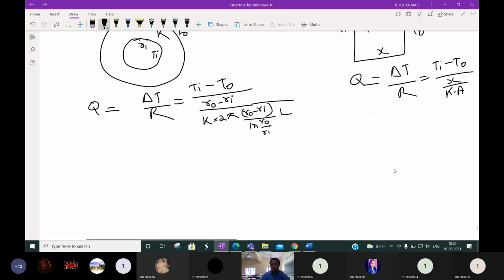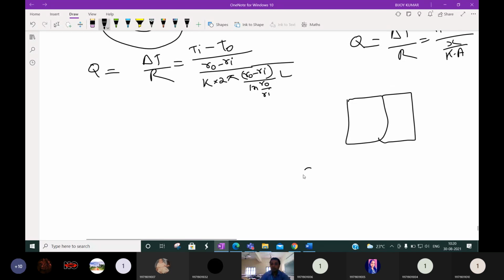Then for a composite wall, suppose two composite walls are there. What is the Q value? Always the Q value is delta T by R. What will be the delta T? Suppose this temperature is Ti, this temperature is To, then delta T will be Ti minus To. And then what is this R value? Can anyone say?